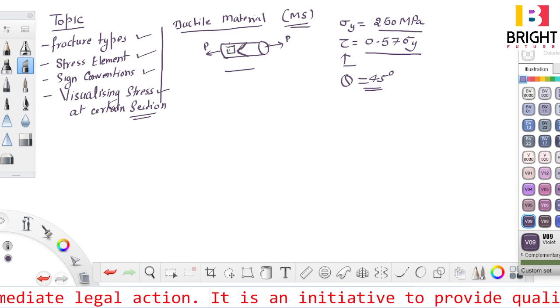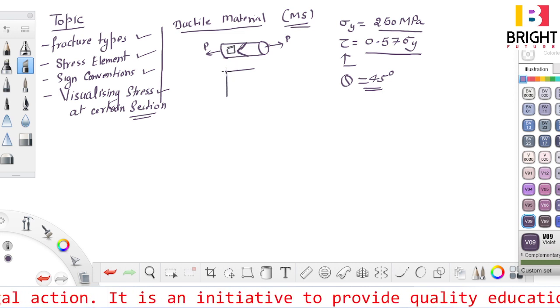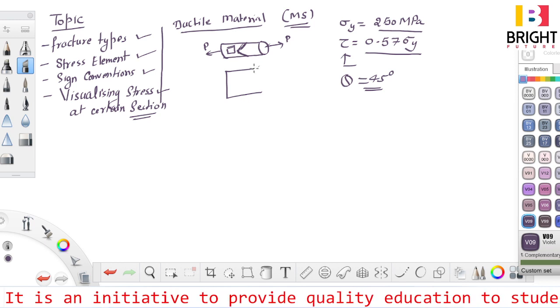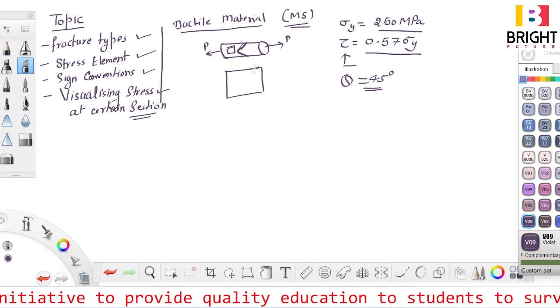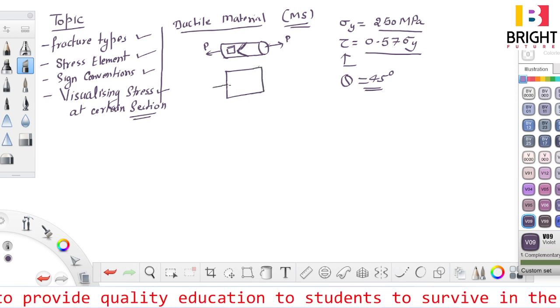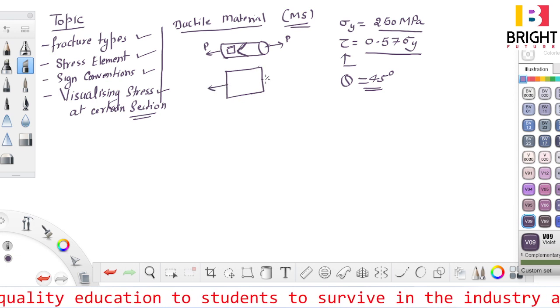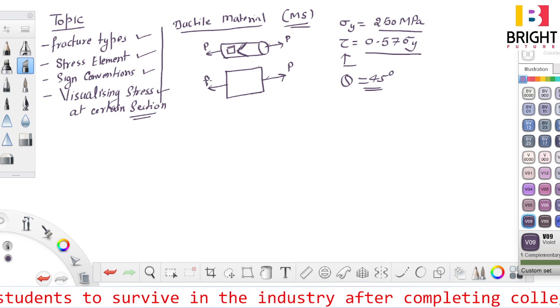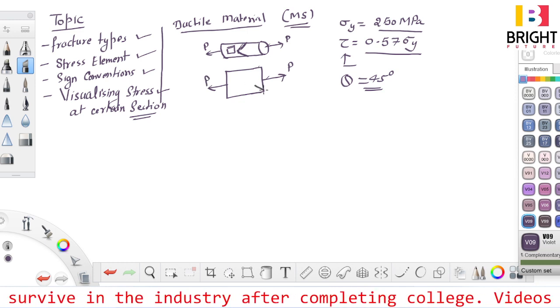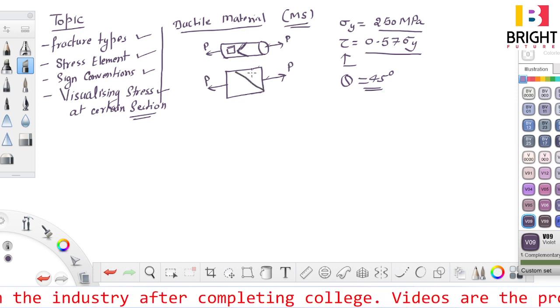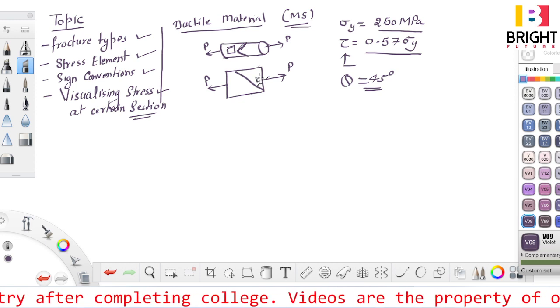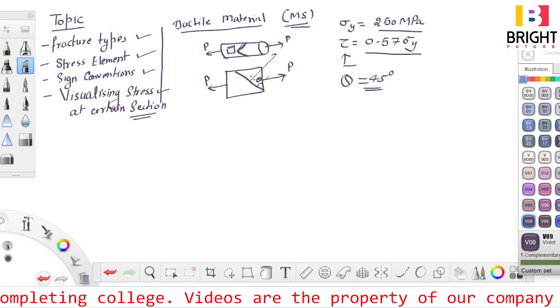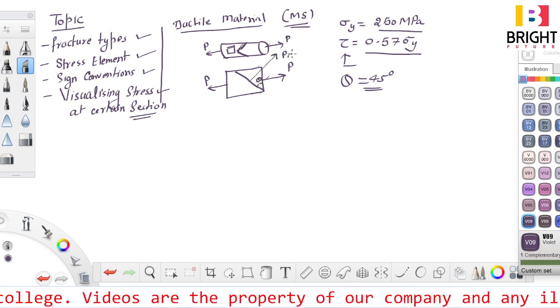Let this be the element. I draw this element over there, and these are the normal loads like P, right? And this is theta. This P is the component, let this be P theta.